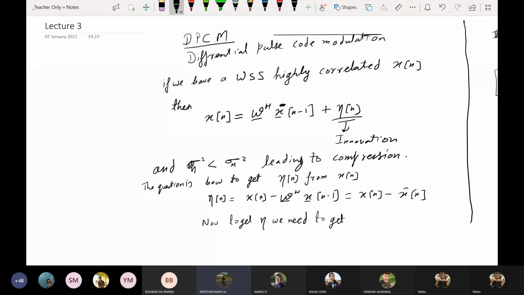Just see, if you try to represent each sample of xn, each sample of xn has a larger variance. So you need to describe each sample of xn using a larger number of bits. Suppose you take samples of an audio file. We'll stick to audio for now.